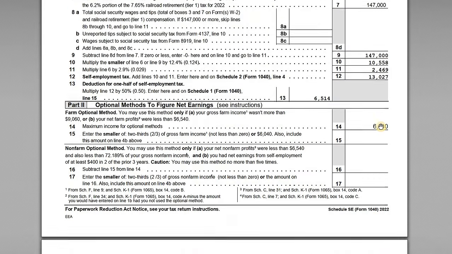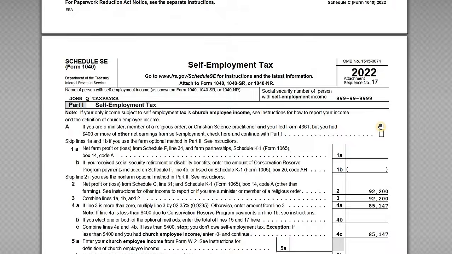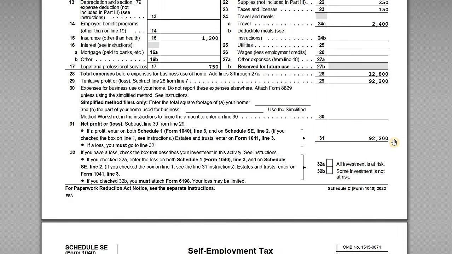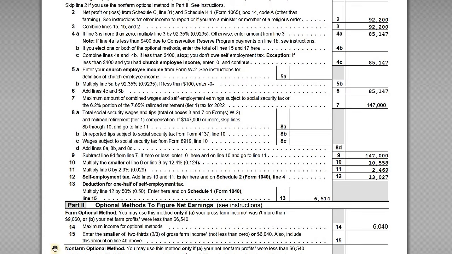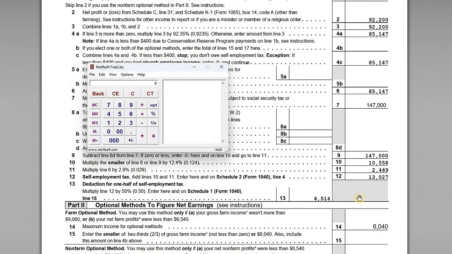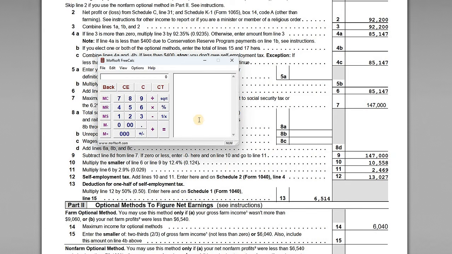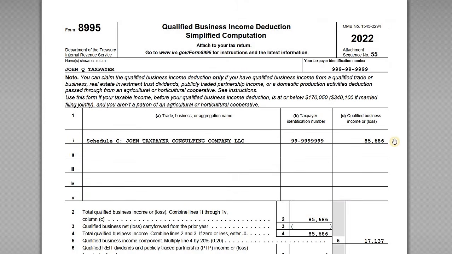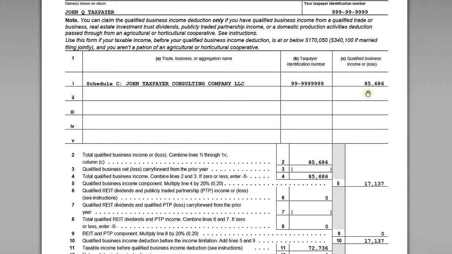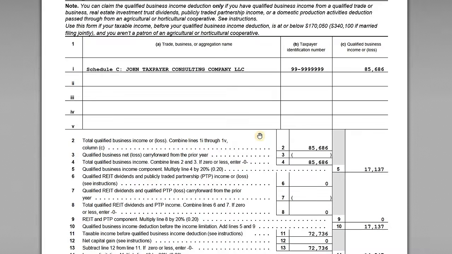So if we look at John's Schedule C, remember we have the $92,200, and the amount of self-employment tax that's being deducted here is the 6514 figure, right? So John's business income of $92,200 minus the 6514 gives us the 85,686, which is reported here on line I. So we have 85,686. This is the amount of QBI coming through from this Schedule C.